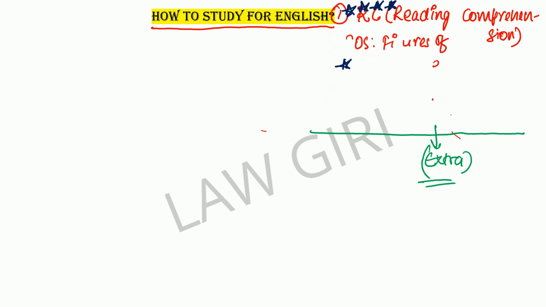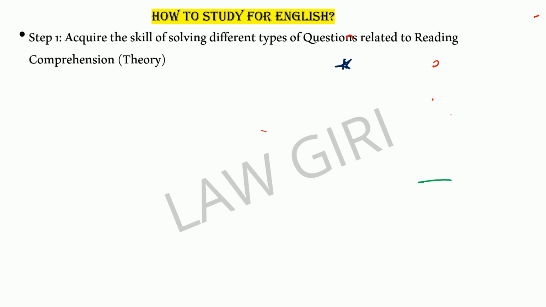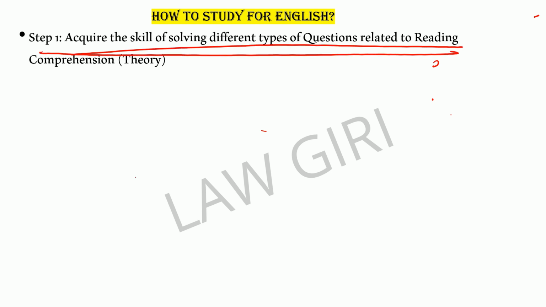Now I'm going to give you a step-by-step guide. Step 1 to cover your reading comprehension is that you need to know how to acquire the skill of solving different types of questions related to reading comprehension. This is your theory. Very important. When you are in school, I know you are reading reading comprehensions and you're going to say that we are studying reading comprehensions in our schools, but I want to tell you that those reading comprehensions are based on hunting, finding answers.